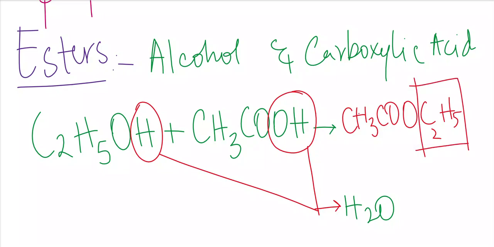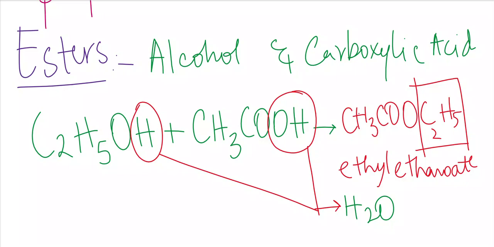The ethyl is attached with this, so you call it ethyl ethanoate. So the product that is formed here is ethyl ethanoate by the reaction between ethanol and the carboxylic acid.